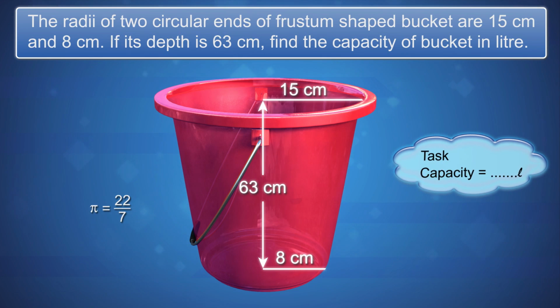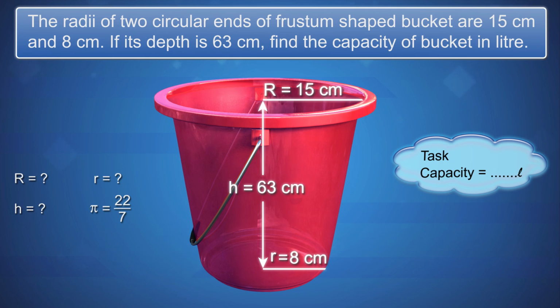Can you identify where capital R, small r and H lie in this bucket? Good. Capital R is the radius at the top, small r is the radius at the bottom, and H is the depth of the bucket. Now let us write down all the given data.